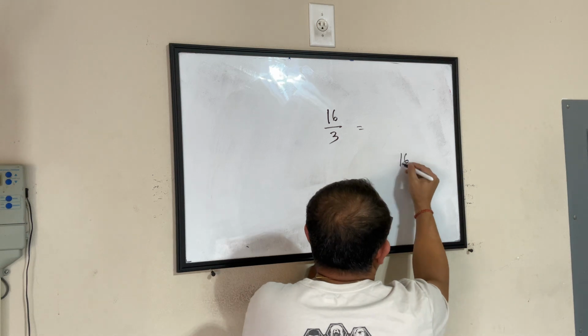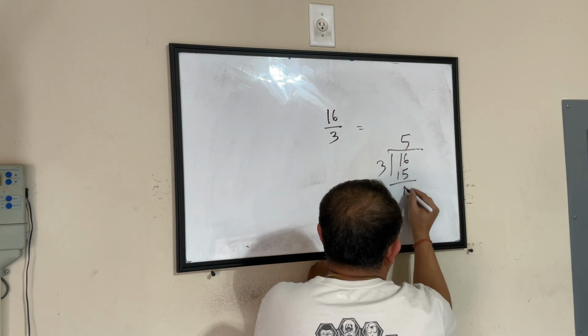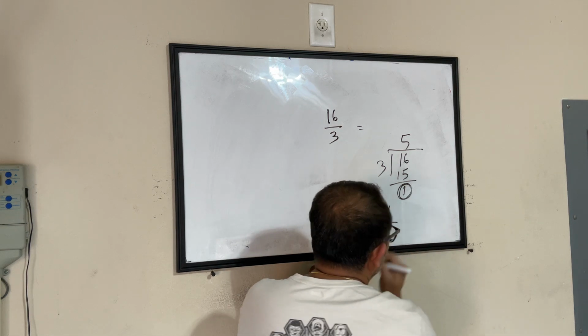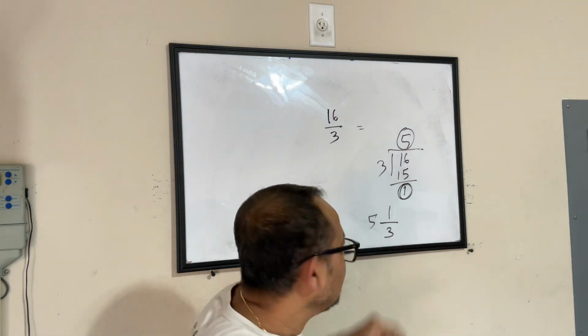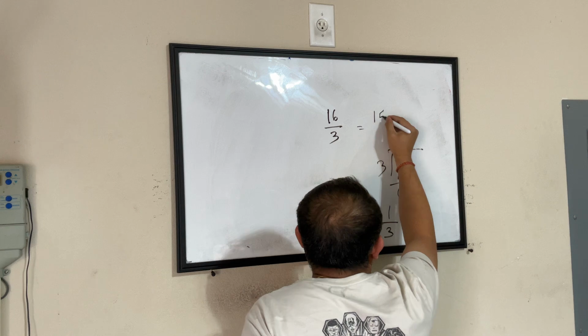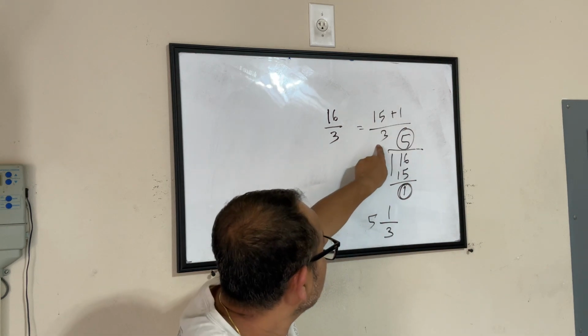So 16 divided by 3. 3 5s are 15, I got 1. So 1 is what I could not divide by 3. And what is my answer? This. Done. Or Aditya's approach, he's saying 16 I can break into two parts, 15 plus 1, because I know 15 is in the table of 3.